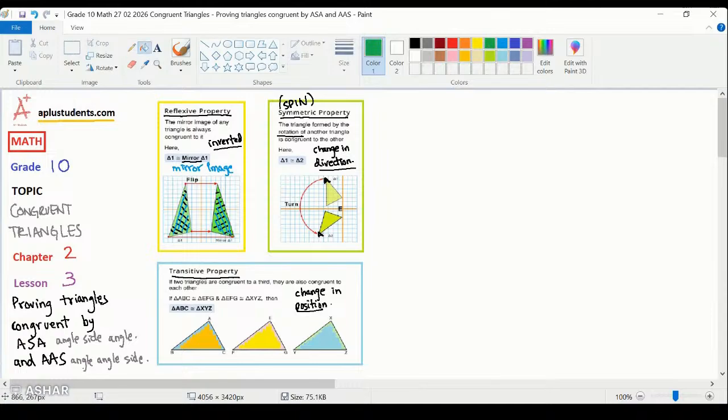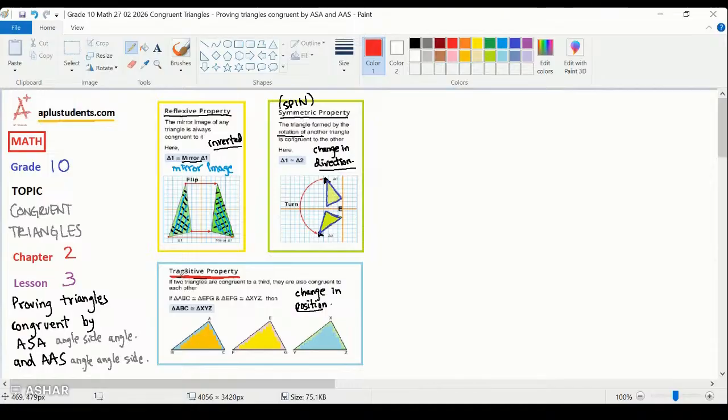In case of the symmetric property, the object was rotated. Symmetrical is rotation, whereas the transitive property was a change of position. So our 3 examples: reflexive is when you're standing in front of a mirror. If you raise your right hand, then the image in the mirror would raise the left hand.